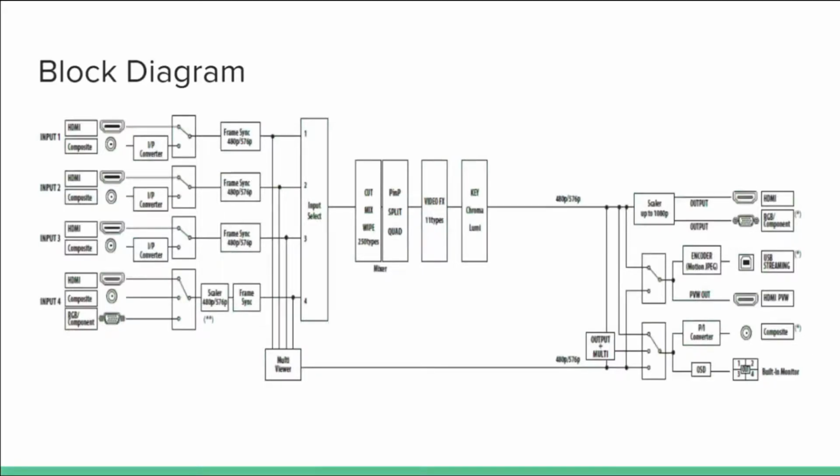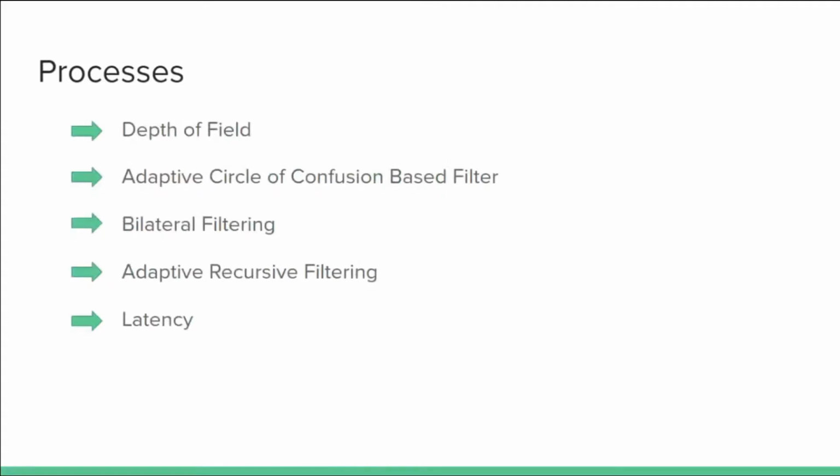And this is just a basic, not electronics, but a PCB diagram of how the whole circuitry works. Within this we have our depth of field, adaptive circle of confusion based filters, bilateral filtering, adaptive recursive filtering, and latency.